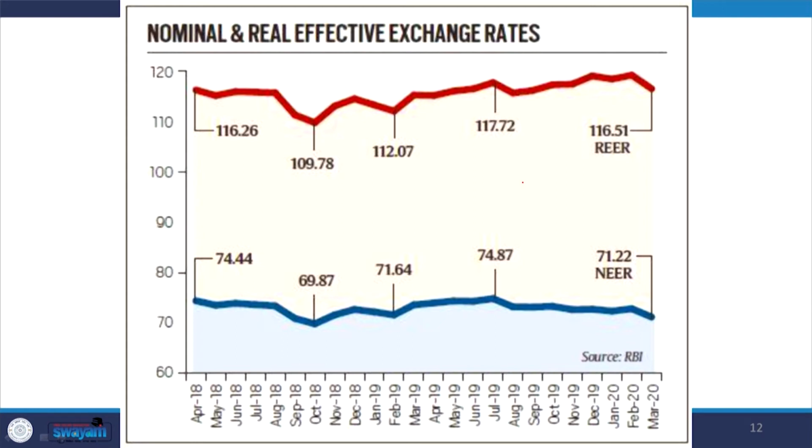The exchange rates are presented here as per the latest information from RBI. REER is much higher than NEER, and it has already reached 116.51 as against the 31 we just saw.